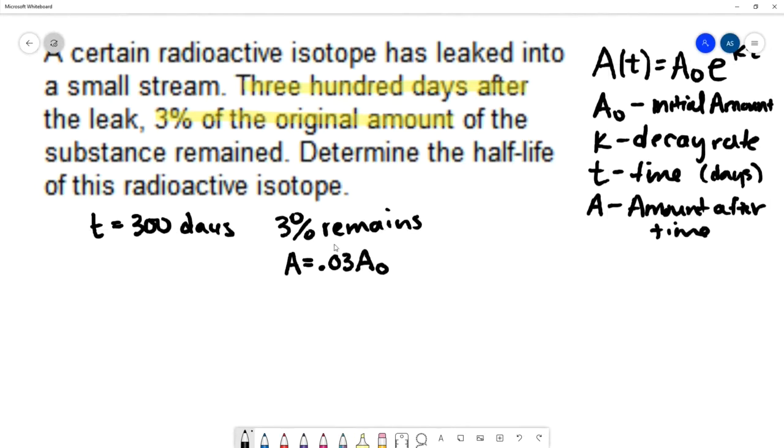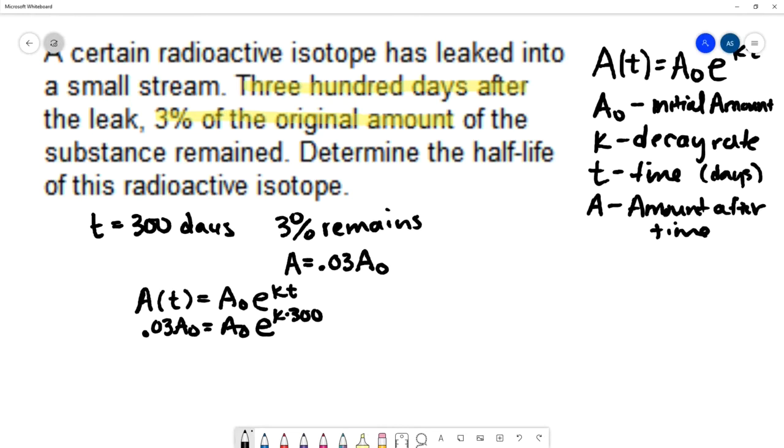So let's substitute this information into the formula. So here's our formula, A of t equals A naught e to the kt. A is 3% of the original amount, and we have a time of 300 days.